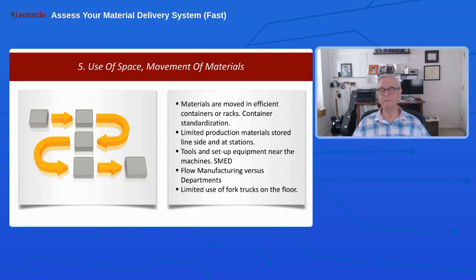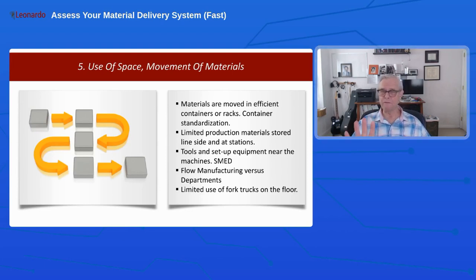We also want to limit the use of fork trucks. The reason we're interested in tuggers as opposed to fork trucks, or carts that can carry multiple items easily, is that a fork truck has a couple disadvantages. It's great for big heavy things like whole big pallets or engines or shipping containers, but on the factory floor they're limited in terms of the variety that they can carry.